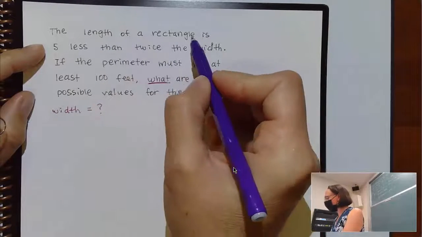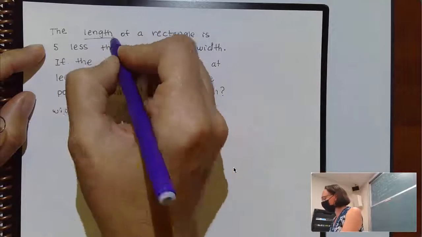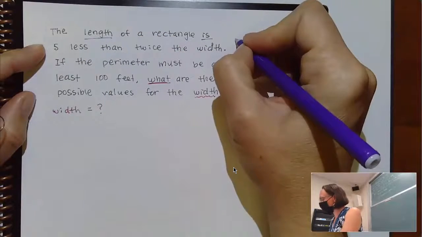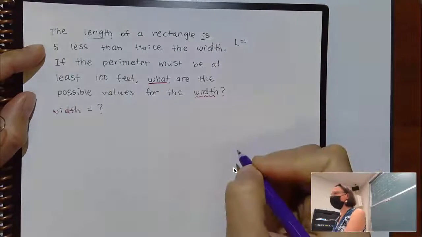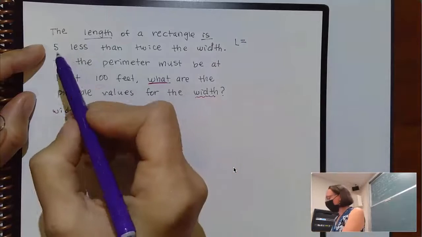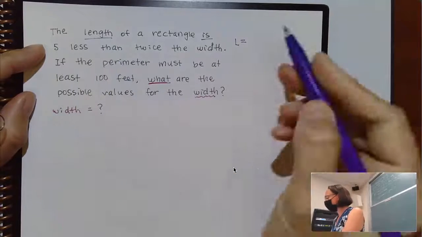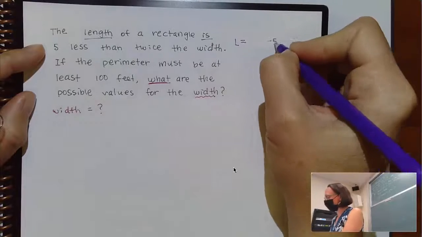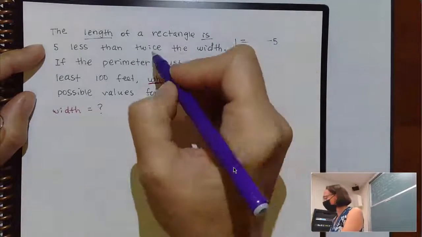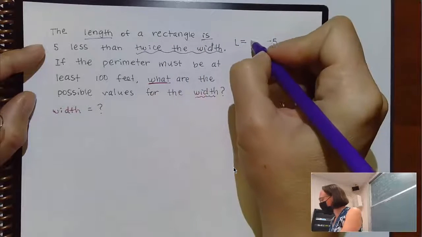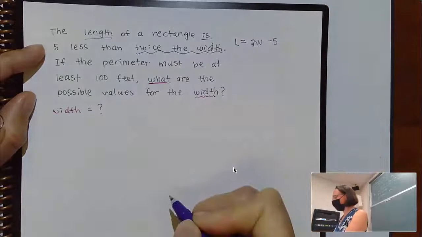So length translates to L equals 5 less than twice the width. Well, that 5 less than says I'm subtracting 5 from something, and twice the width means I'm subtracting it from 2W.